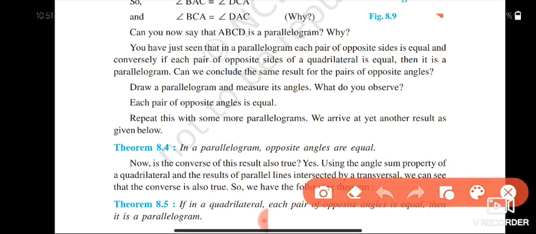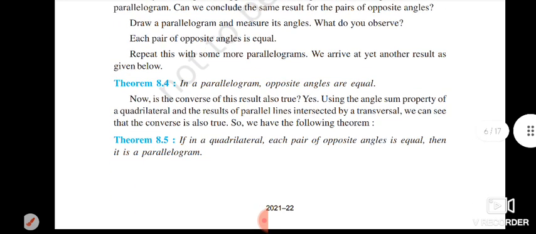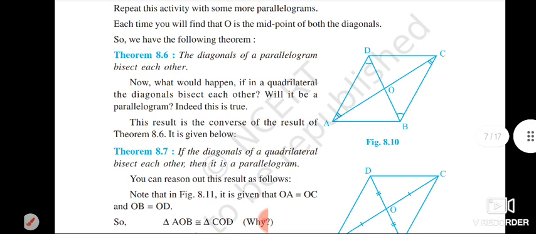In a parallelogram opposite angles are also equal. Then theorem number 8.5: if in a quadrilateral each pair of opposite angles is equal, then it is a parallelogram. If we are having any quadrilateral and in that quadrilateral opposite angles are equal, then that quadrilateral will behave like a parallelogram. Then after, next is theorem 8.6: the diagonals of a parallelogram bisect each other.